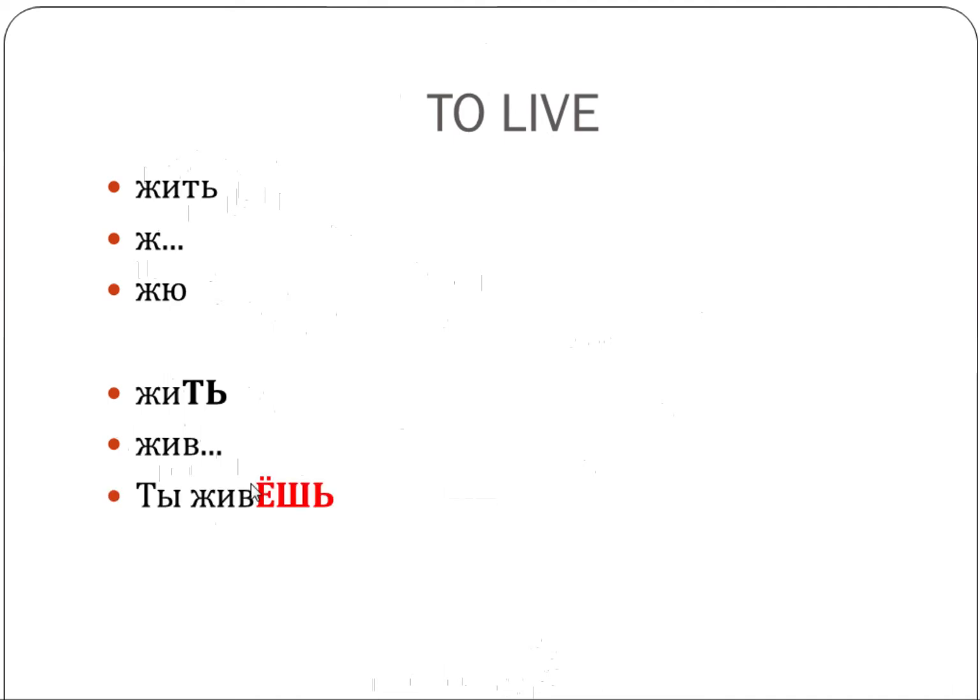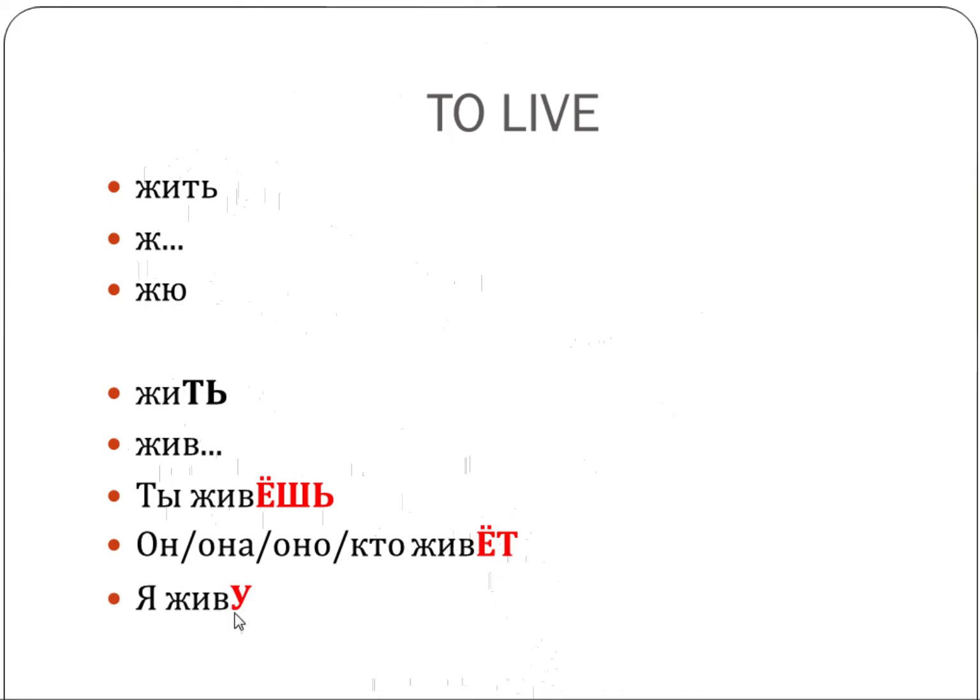So for ты, we have ёшь. And if you remember, not ё, but е was first conjugation. And if we look at он, она, оно, кто, we had ет for the first conjugation, and this form keeps the vowel ё. And then for the я, we had ю in the first conjugation, but we have ю in the first conjugation when the letter before is a vowel.